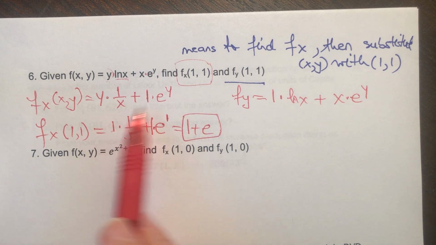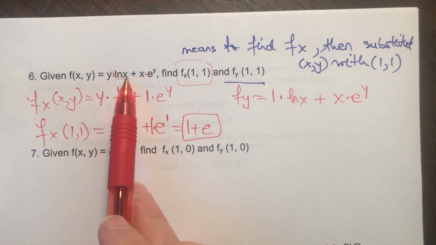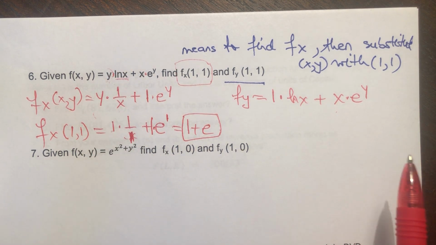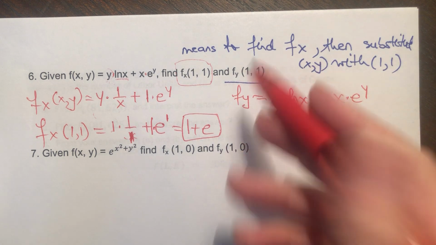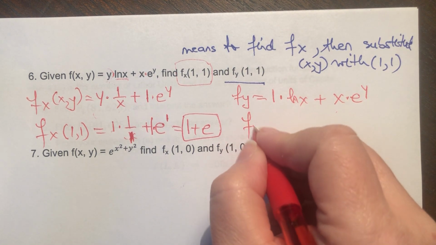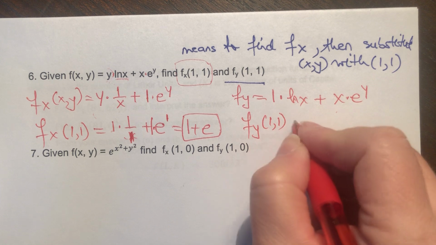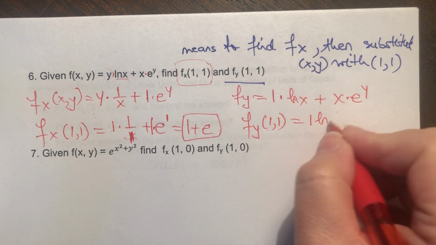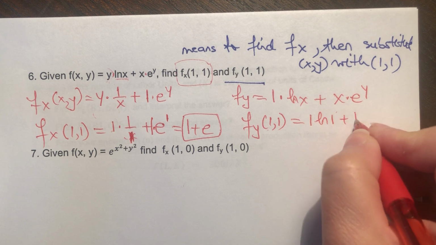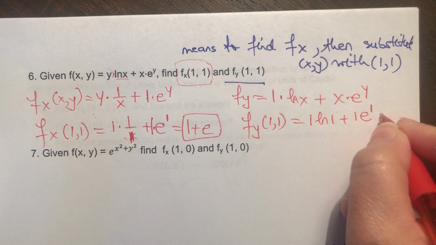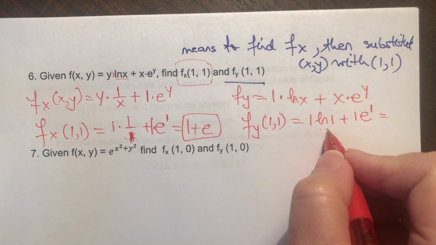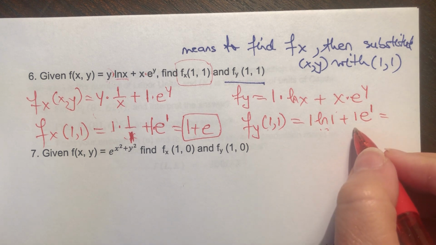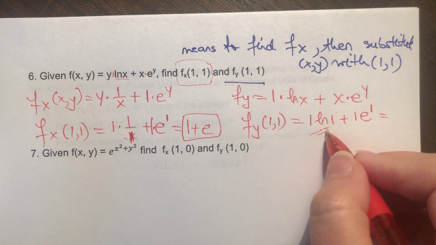These are not interchangeable, because substituting x with y, you'll get completely different problems. So definitely we need to solve each problem for itself. Plugging in a 1 for each one of these, it's 1 times ln of 1 plus 1 times e to the power of 1. Well, ln of 1 is 0, yes. So that goes away.